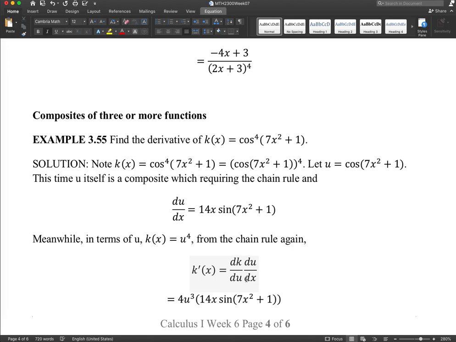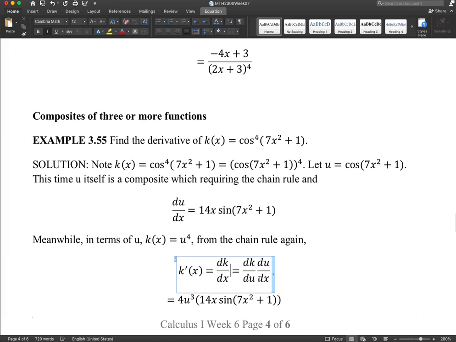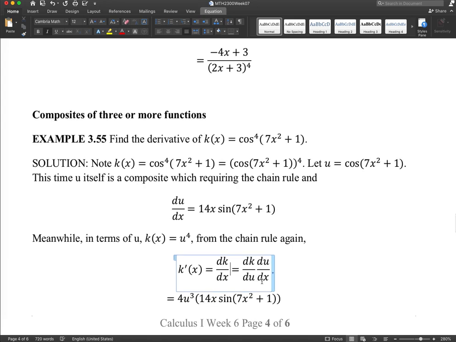Remember the d notation. K prime is really dk/dx. Let me just put it here: k prime is dk/dx. Okay. And what we can get here is dk/du times du/dx, multiplied together, that tends to be dk/dx.